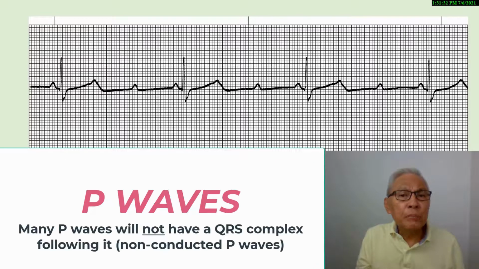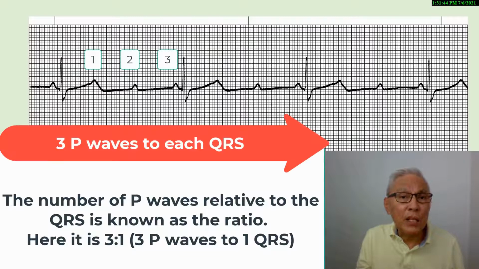P waves. There will be many P waves that do not have QRS complexes, and depending on the pattern that exists, there might be a specific ratio between P waves and QRS complexes.